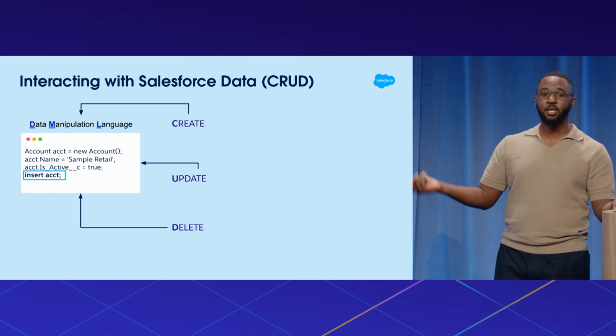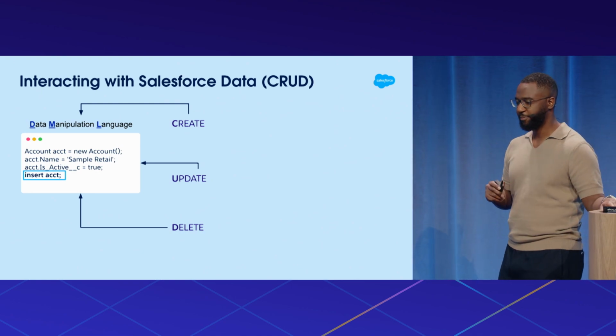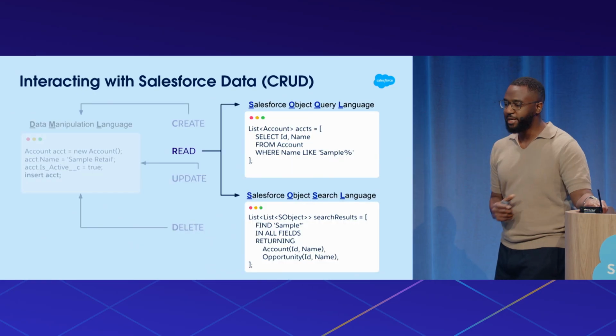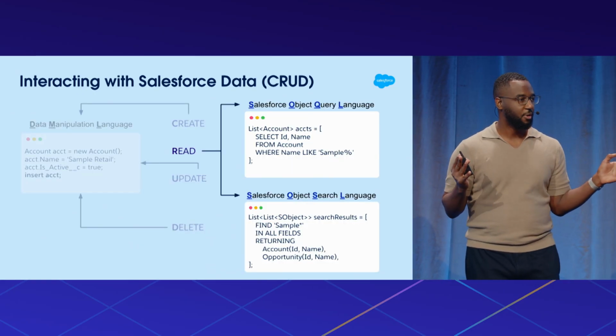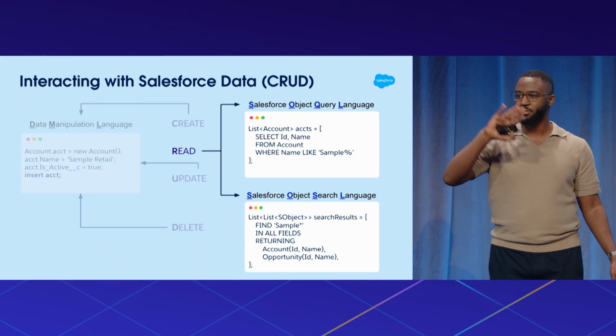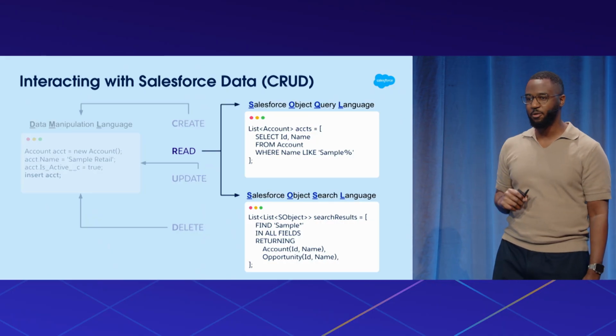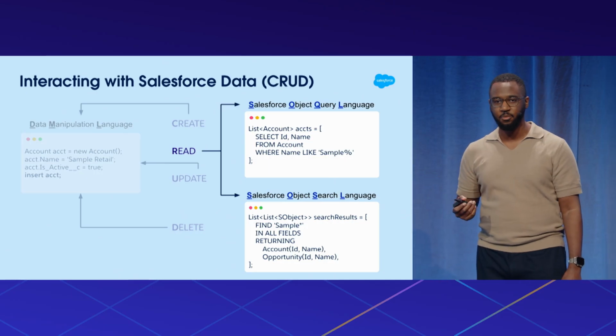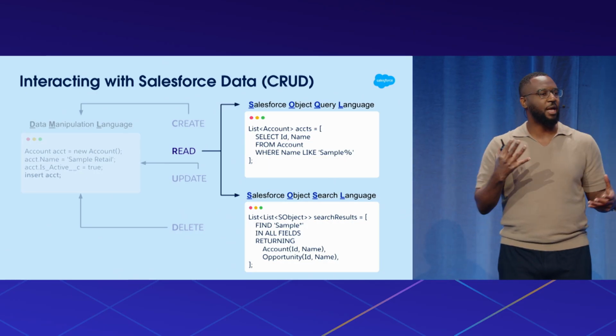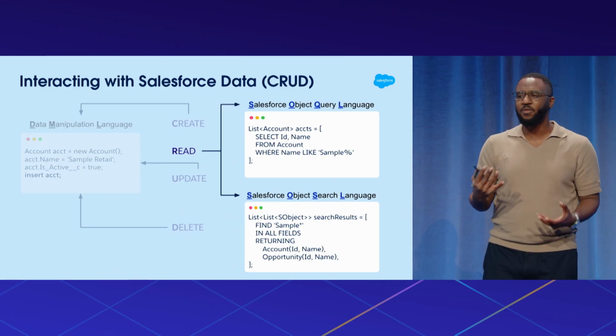Now, what about reading data? Okay. Now, to read data, you have two options. Has anyone heard of SOQL? Okay, so SOQL is super powerful. SOQL is how you retrieve your records from Salesforce. And if you've ever used a language called SQL, it's very, very similar.